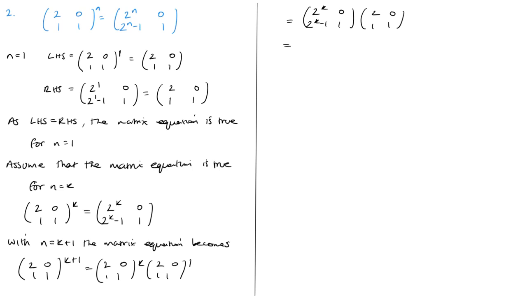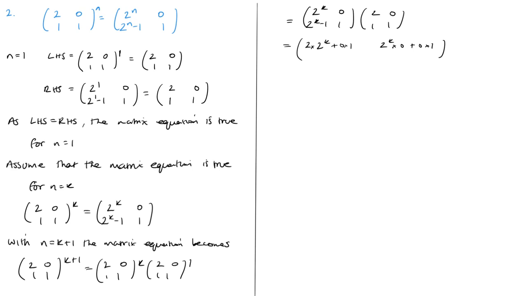Now multiplying these, in the top left we've got 2 times 2 to the k, and then 0 times 1. And then top right, we've got 2 to the k times 0 plus 0 times 1.